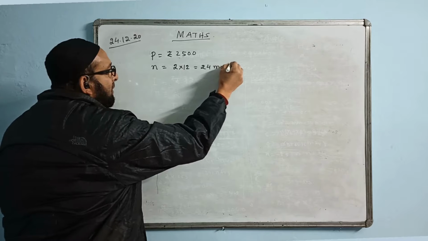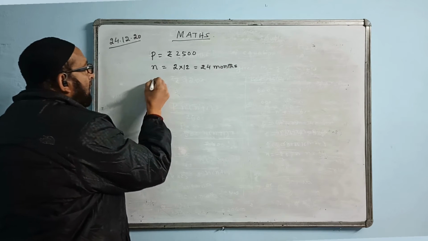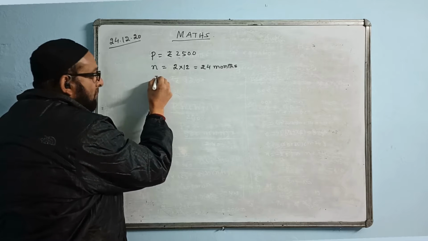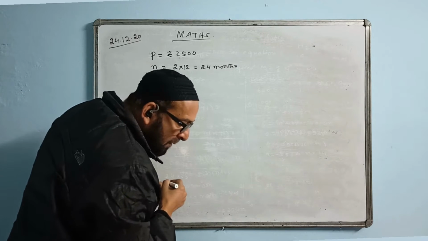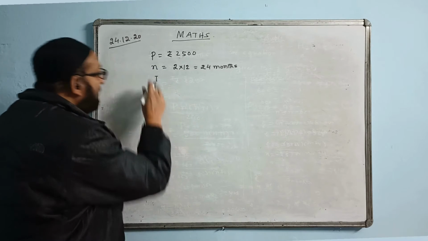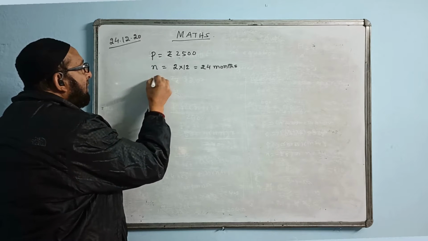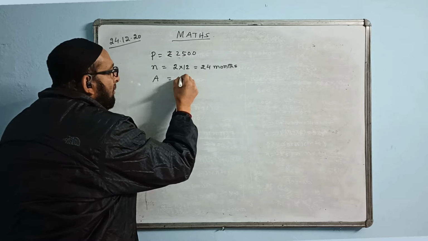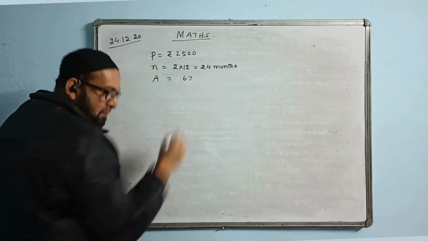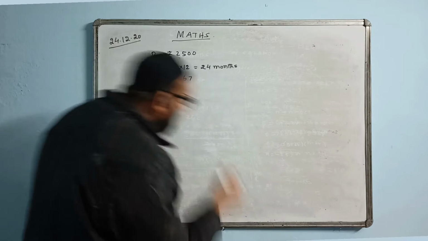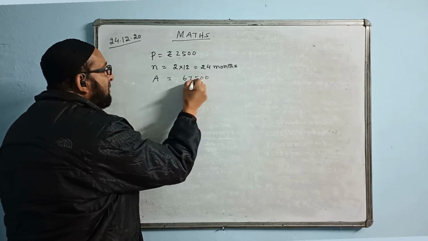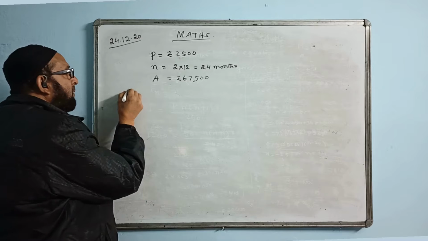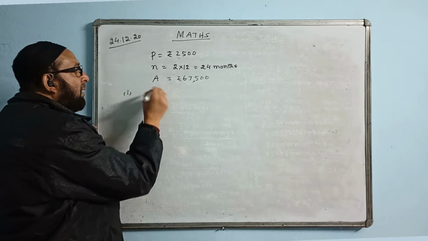We are changing into months immediately. Amount of maturity, that is A, is given here, right? A value is given. R is unknown and I is unknown.